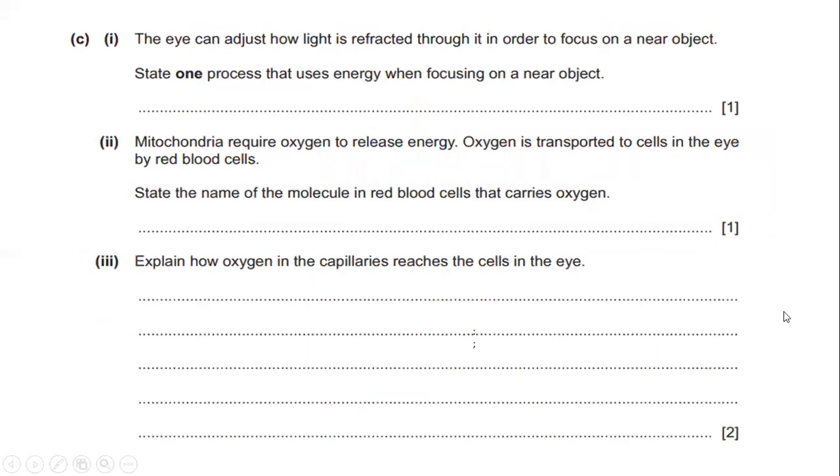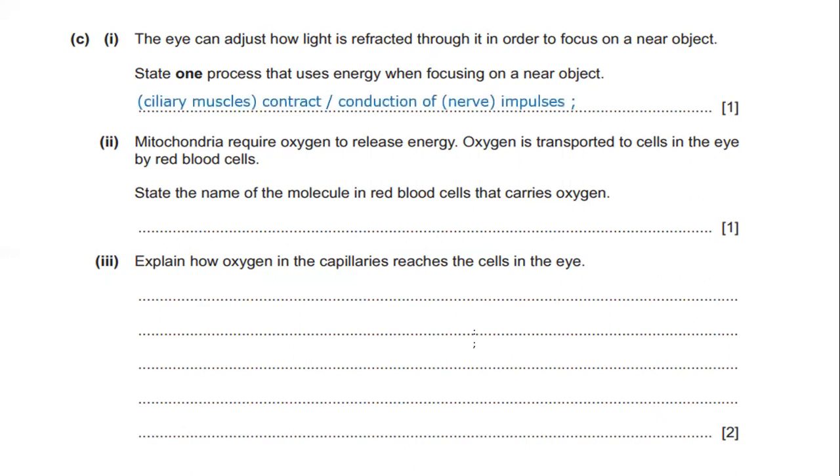The eye can adjust how light is reflected through it in order to focus on a new object. State 1 process that uses energy when focusing on a new object. Okay, as you know, the function of ciliary muscle or iris is that the suspensory ligaments are loosened.